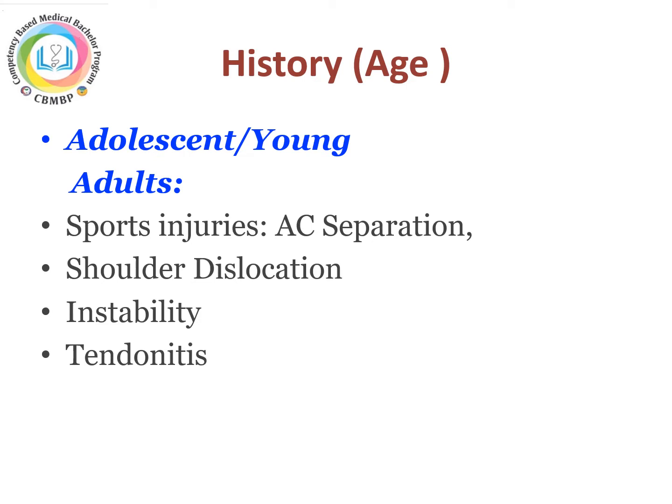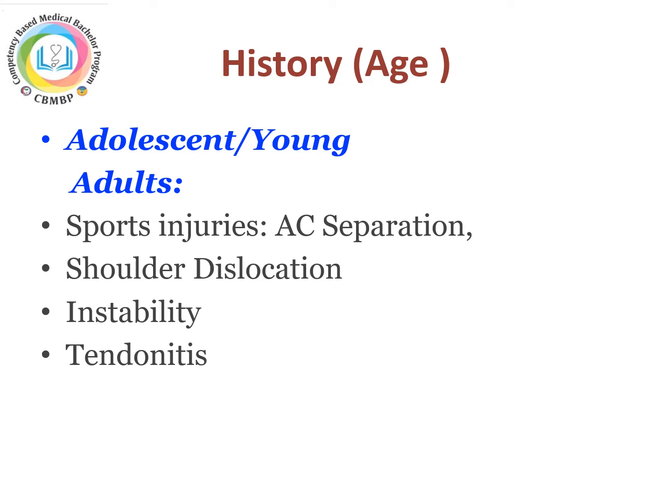We considered the history. The age is a very important item in the history taking while examining the patient with shoulder pain. We ask him about his age. The age is very important. It helps you to know the proper cause of shoulder pain.